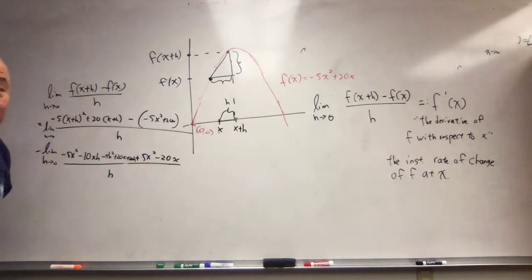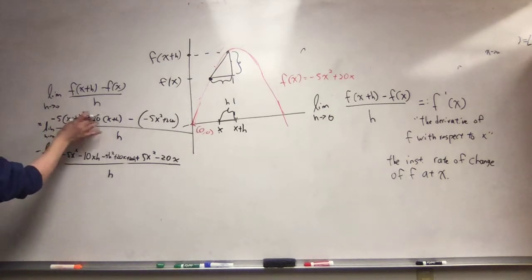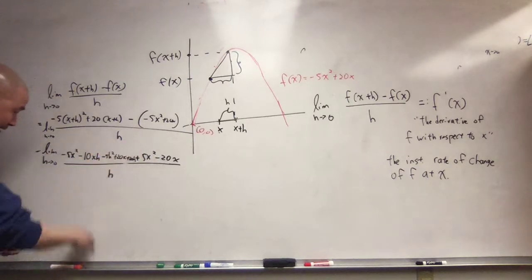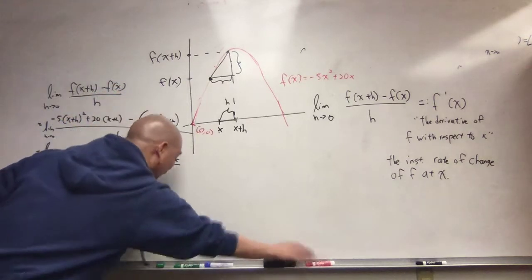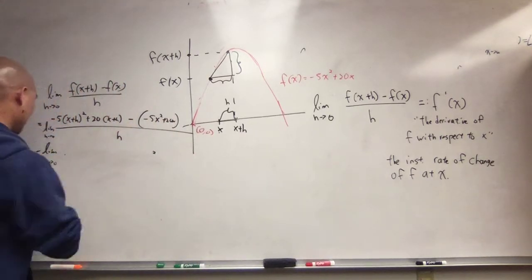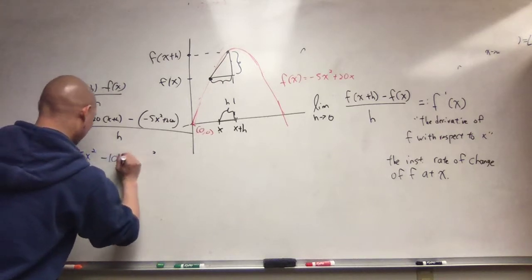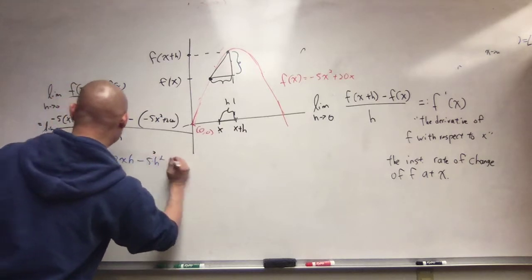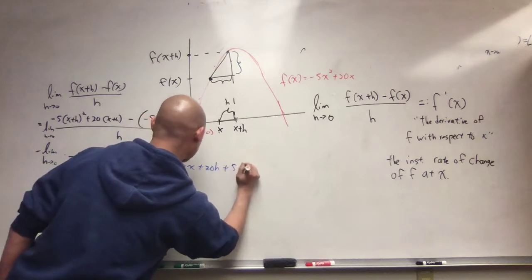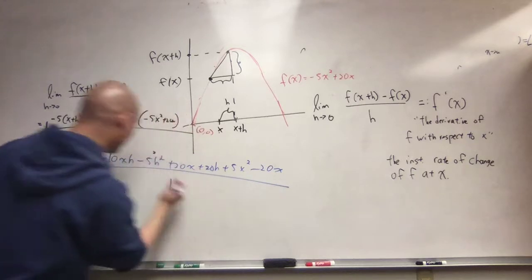Sorry if that's a little bit tough to read, but it's just the algebraic expansion of these terms, so if you're following along, you would get the right thing. Let me write this out a little bit bigger: minus 5x squared minus 10xh minus 5h squared plus 20x plus 20h plus 5x squared minus 20x, all over h.